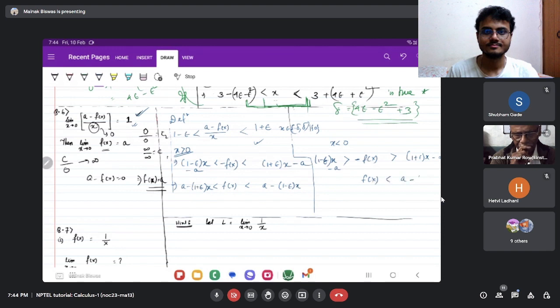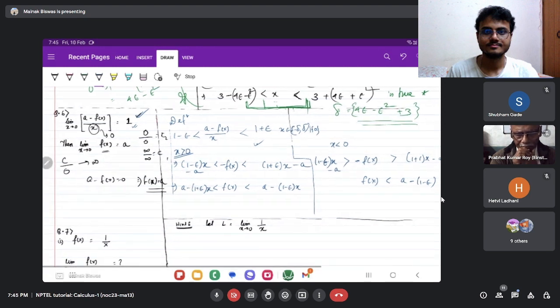A minus 1 minus epsilon. So just a second, did I change the inequalities correctly? This is less than, so this is x is greater than this, so yeah.